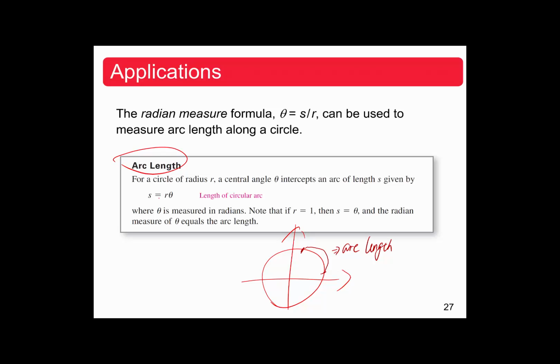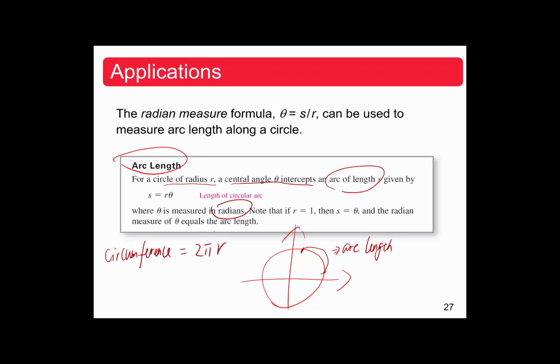So the circle of radius r, central angle theta, intercepts the arc of length s. So arc length s equals r times theta. And the theta here must be measured in radian measurement, because the circumference of the circle is expressed as 2 pi r.